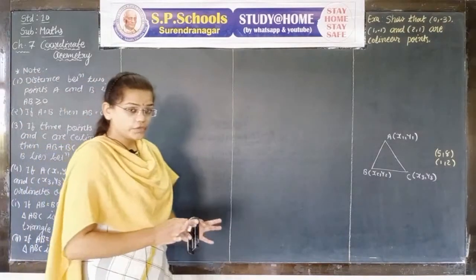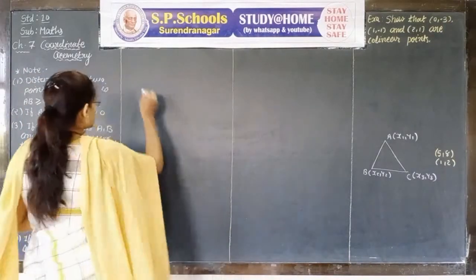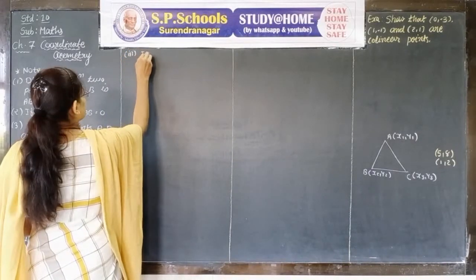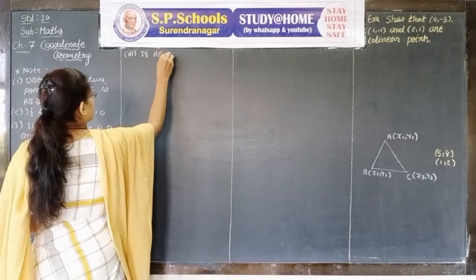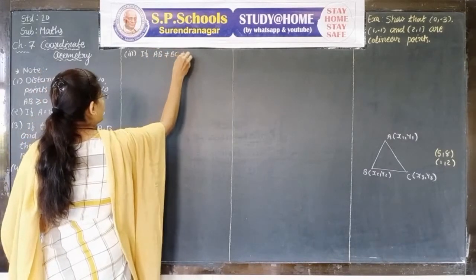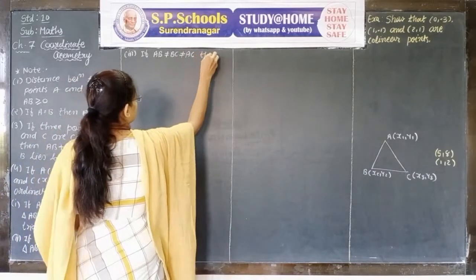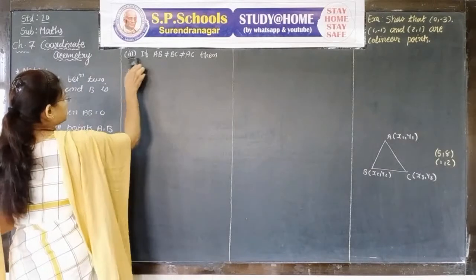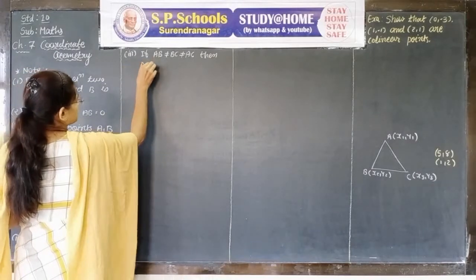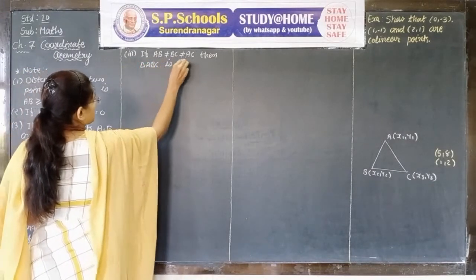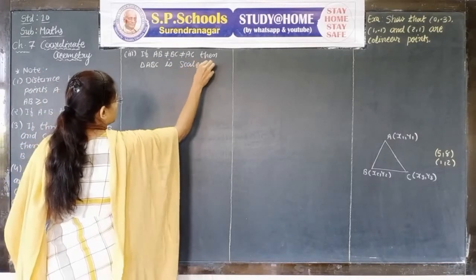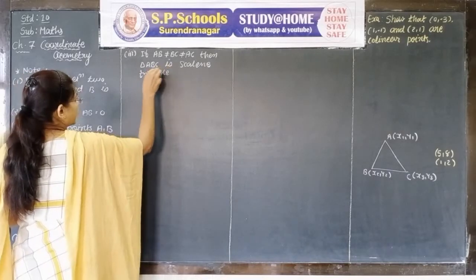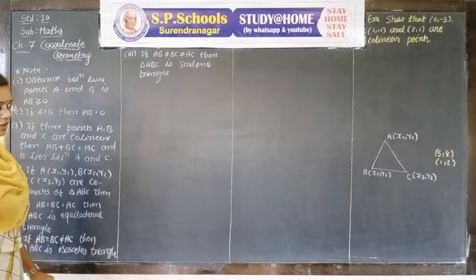If none of the three sides is equal to each other, if AB does not equal BC, does not equal AC, then triangle ABC is a scalene triangle. None of the sides is equal.